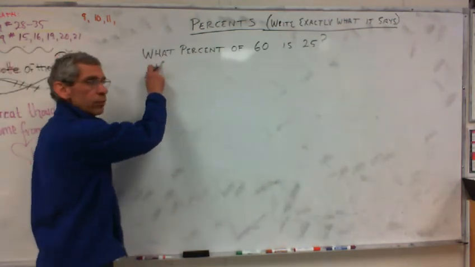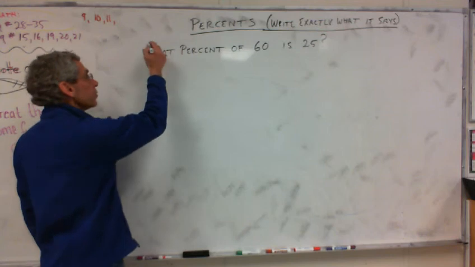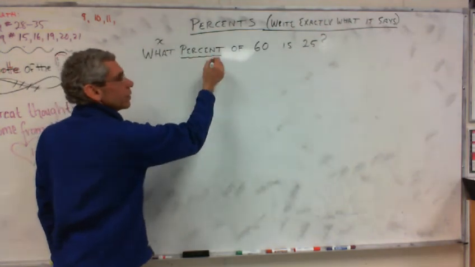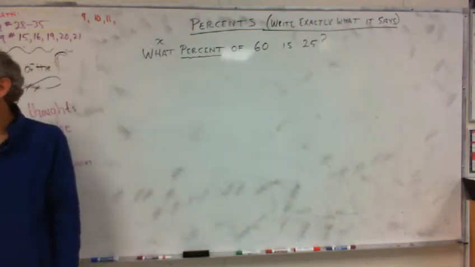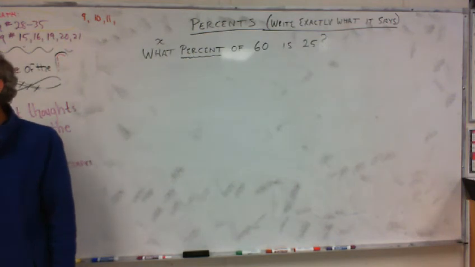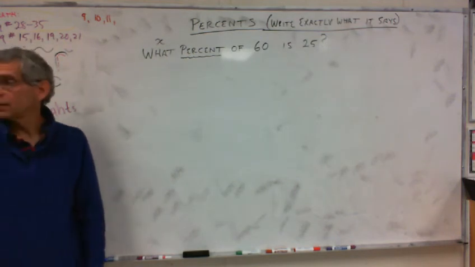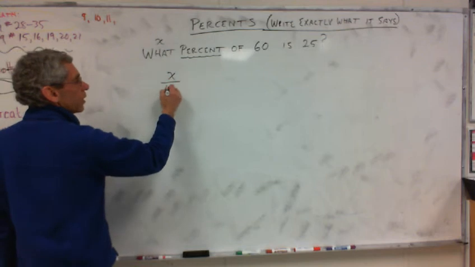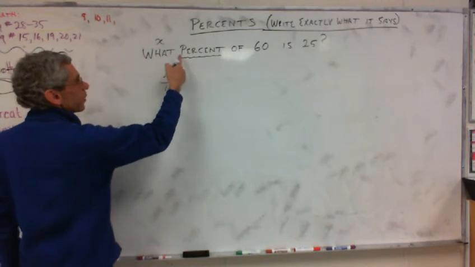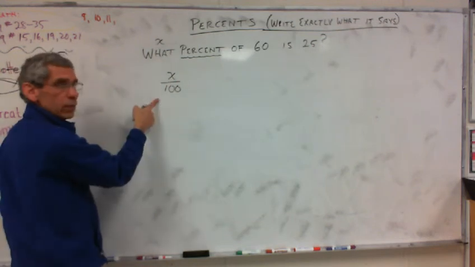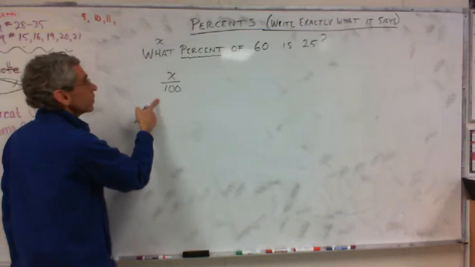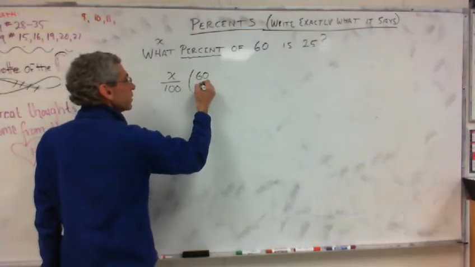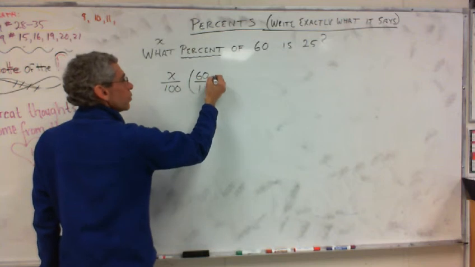What would you use for what? X, right? We don't know what X is. What would you use for percent? What does percent mean? Out of 100. So you're going to write X over 100. Do you see how that says what percent? X over 100, of 60, which is 60 over 1.